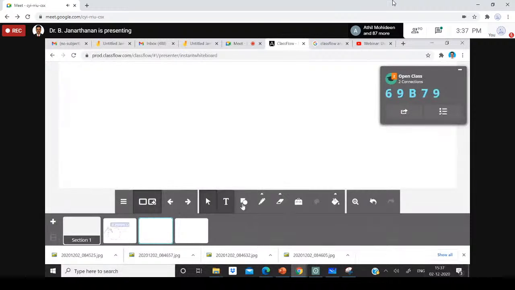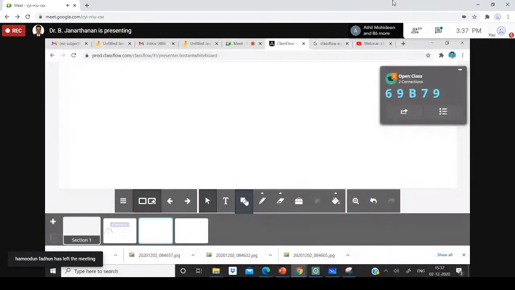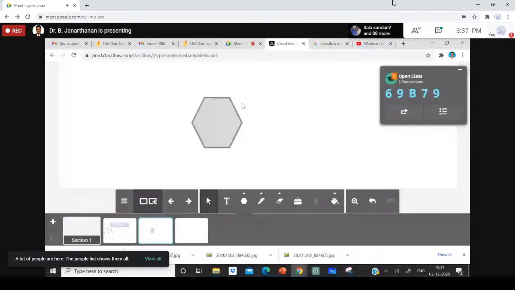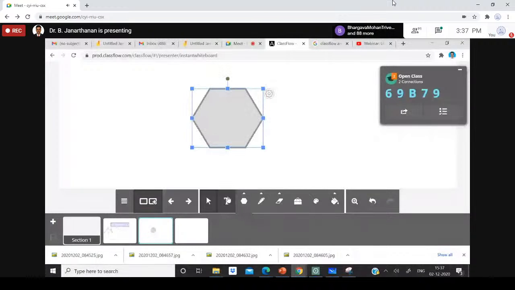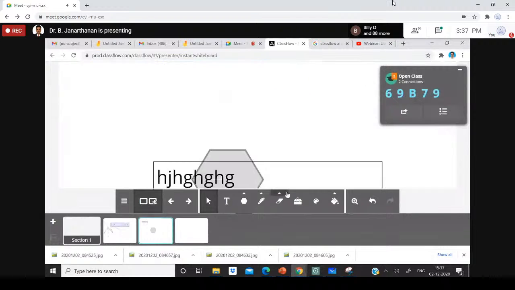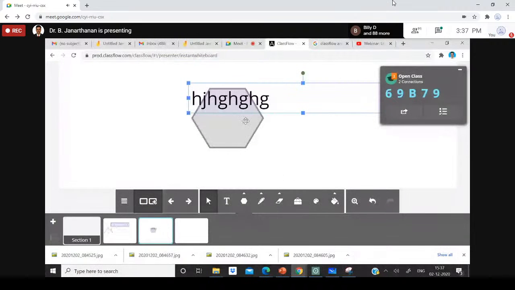If you want to draw shapes, like a hexagon, you can draw it and increase the size. If you want to add text here, you can add some text, and if it is not visible, you can make it transparent.